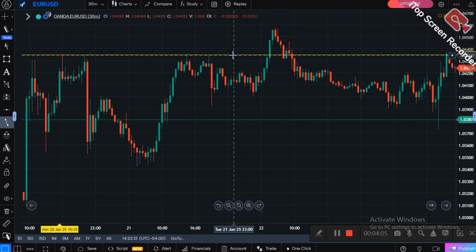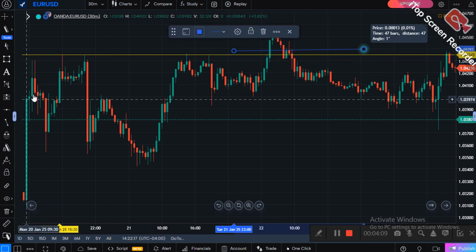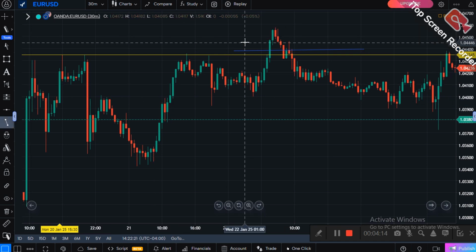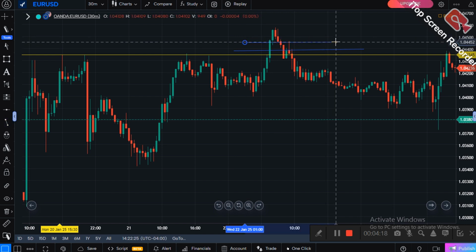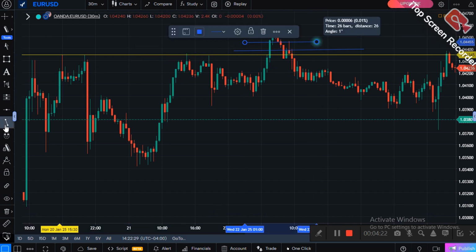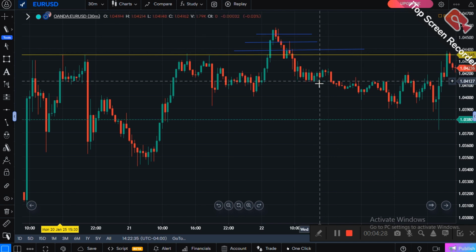Some retail stops will be about this high. This is the retail stops. This again will be the retail stops. Some retails will have their stop loss placed at this level. Someone will be at that place, for example. So all the retailers are out of the market.